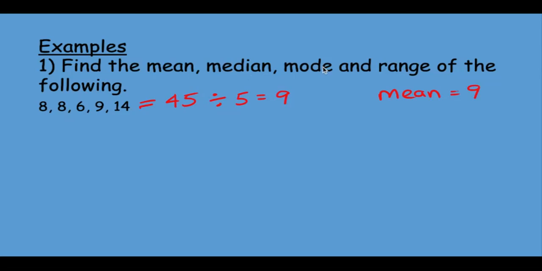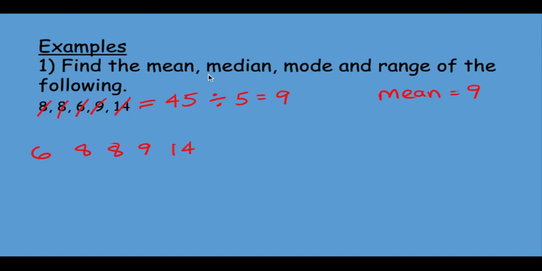So the median and mode for both of these, we need to write the list out again in ascending order. So going from the smallest to the biggest. So we've got 6, 8, another 8, 9, and 14.